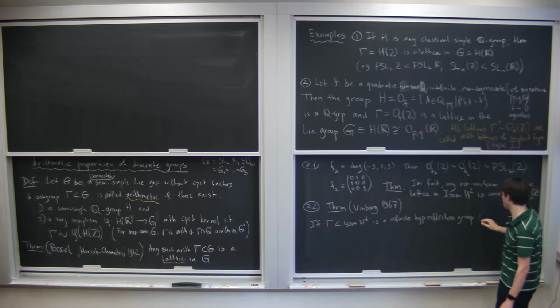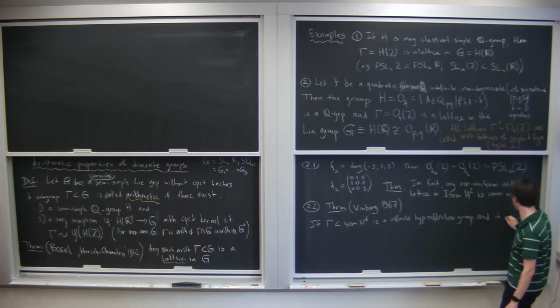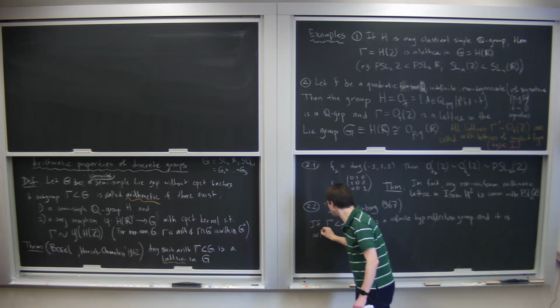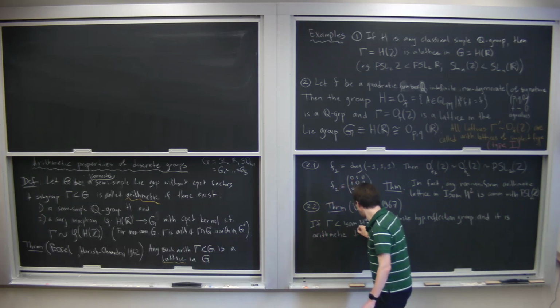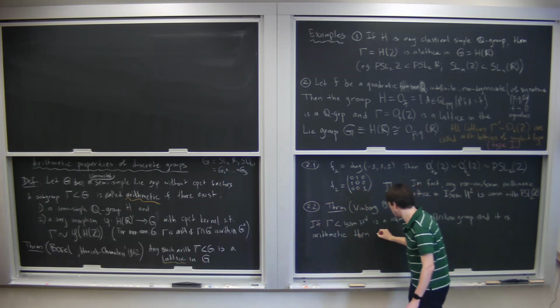So I will say that if gamma is a cofinite reflection group and it is arithmetic, then it is of simplest type.